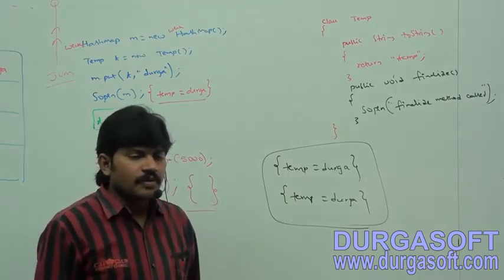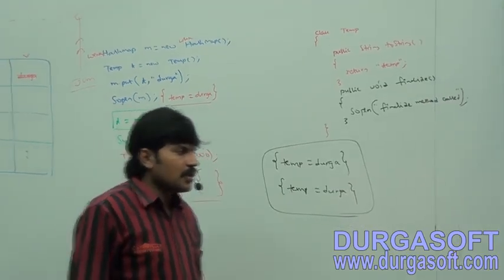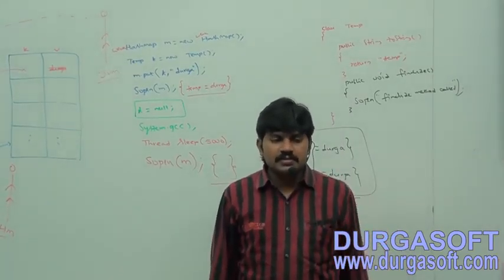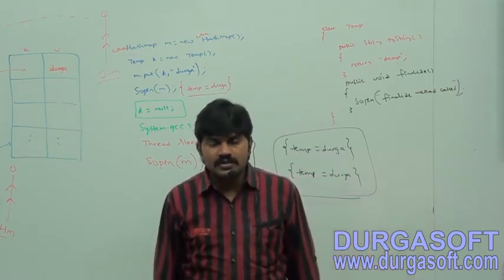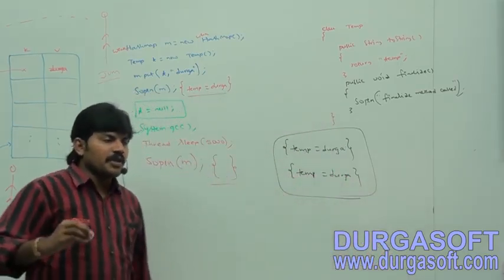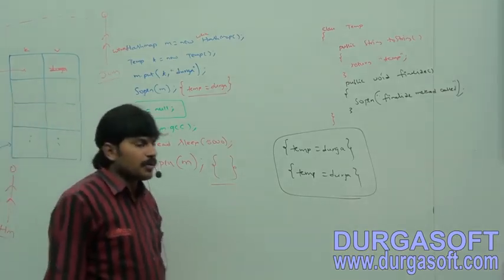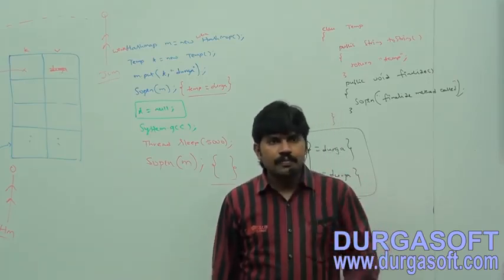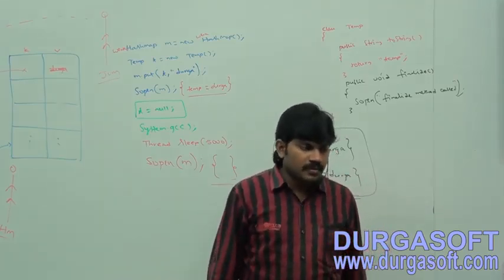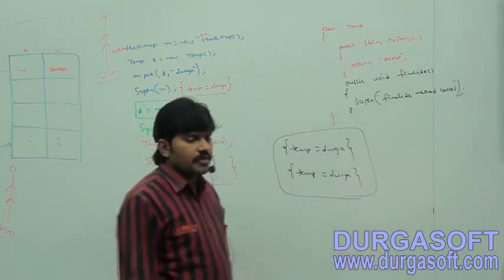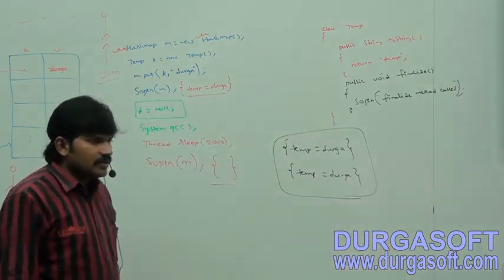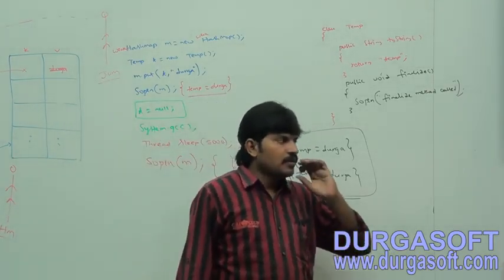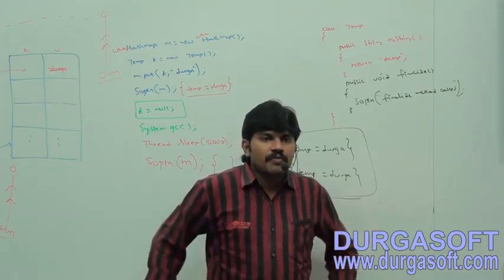Okay, next para. In the above program, if we replace HashMap with WeakHashMap, then just observe: is the temp object eligible for GC or not?